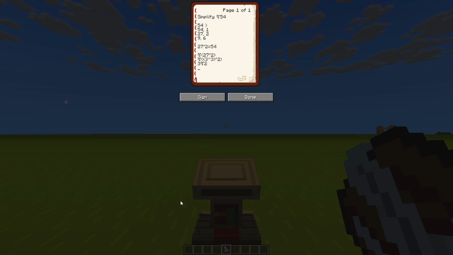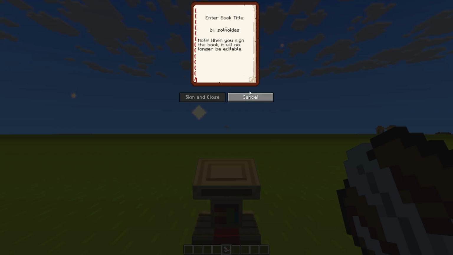I think we got it. 3 cube root 2, and I'm not sure if there's any way to simplify this, so I think it's ready. Send it.